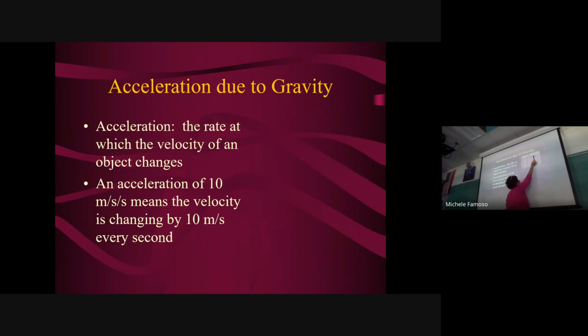So notice that I go from 0 to 10 to 20 to 30 to 40 to 50 meters per second over 5 seconds. What does the negative sign on those velocities mean? Down. So we were moving downward at 10 meters per second, downward at 20 meters per second, and so on and so forth.